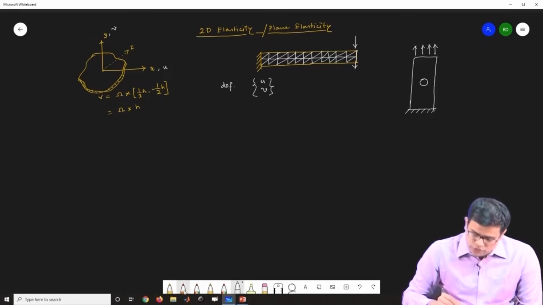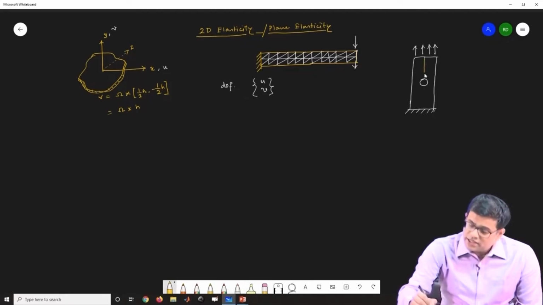Here also you will solve some stress concentration problem. We can discretize it with finite elements in several ways. I am just showing one of the ways. So this is how we can discretize. This kind of problem essentially we will attempt.